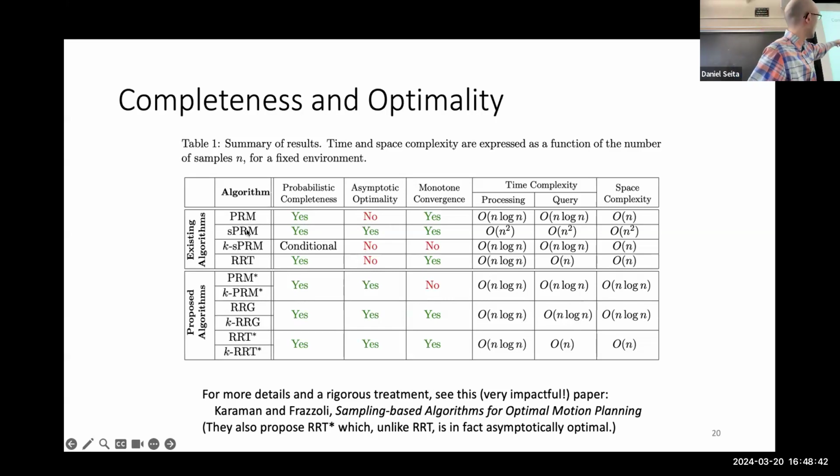And then these other two are other existing algorithms. At the time it was like 2010 or so. The beauty of this paper is that it showed that PRM and RRT, which were state-of-the-art algorithms, are not asymptotically optimal.